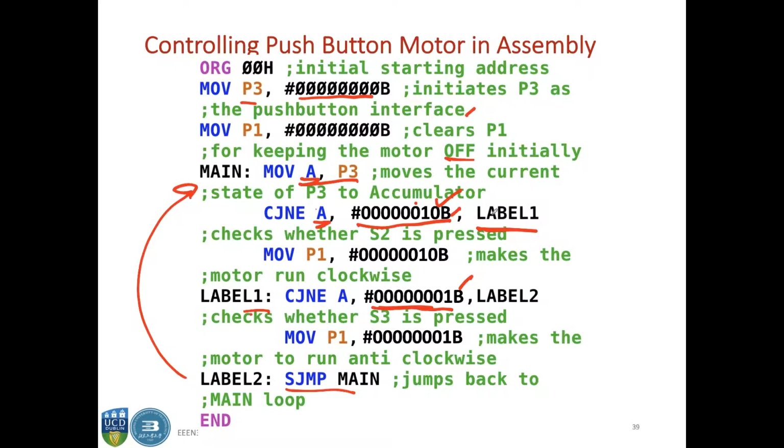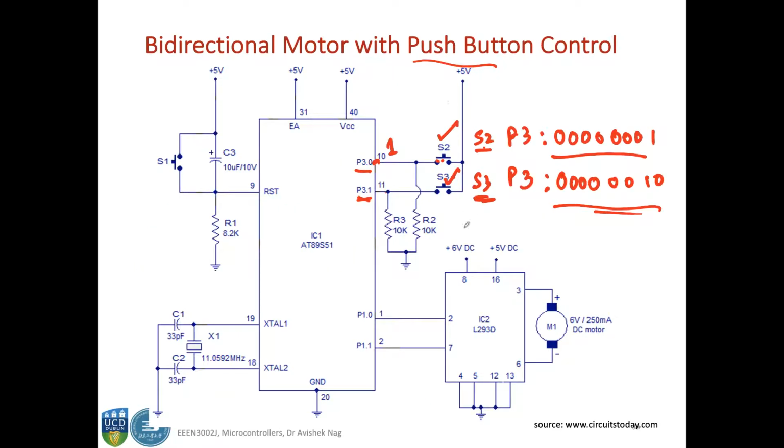If they are equal, say the accumulator contents equal this number, then it moves to the next line, and there it moves this number to P1. In that case, this input 2 is activated and the motor rotates in this direction.